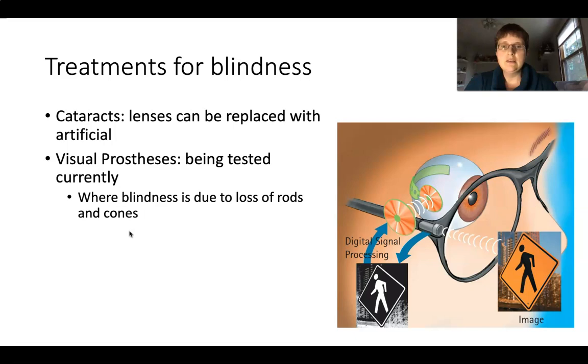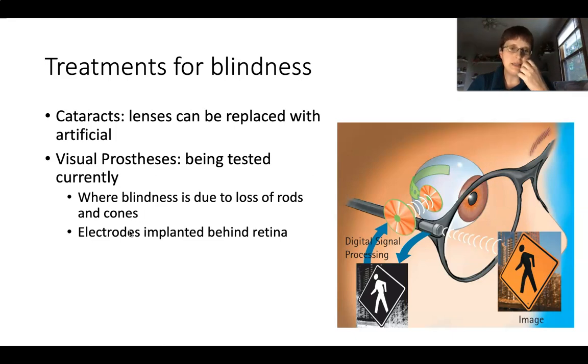So how do these work? They work by implanting electrodes behind the retina. I know that sounds kind of weird, but the electrode behind the retina has a little processor attached to it. Then the individual wears a pair of glasses that have little cameras in them, on either side.